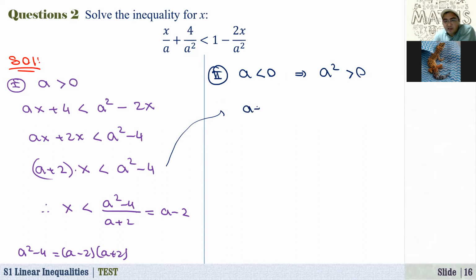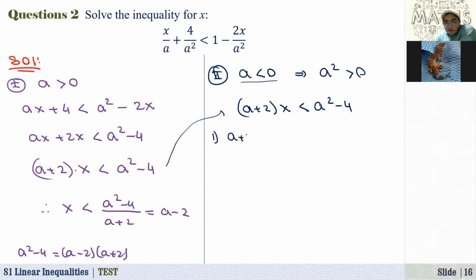So here we have a plus 2 times x less than a squared minus 4. But here a is negative, right? And how about this a plus 2? How do I know about a plus 2? Okay, so I have to consider this case now.